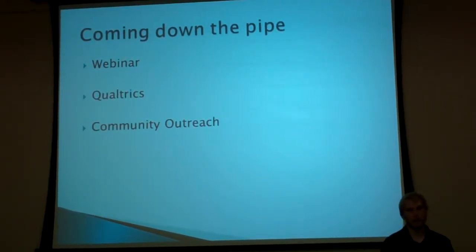The couple things that we came up with were doing a webinar, which would be just a place for professors to add content via a Flash player of some sort. Maybe they have a YouTube account, and then each one of those videos would be pulled into their page. We also plan on getting more integration with Qualtrics.